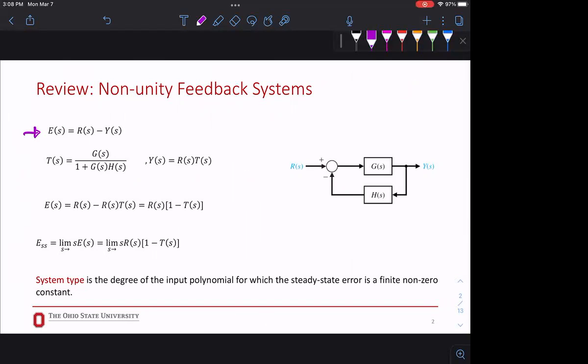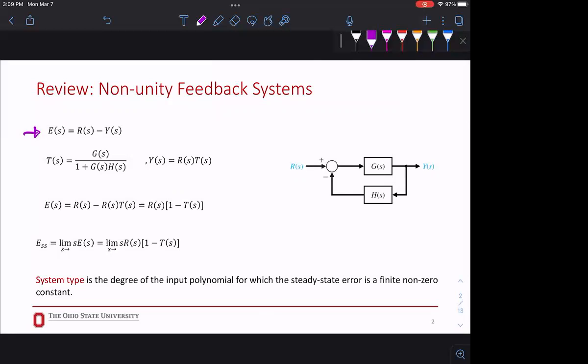And if we can find the relationship between input and output from the transfer function of our system, we can replace our output with the transfer function times input, and then find a relationship for our error. If you remember from last time, for a non-unity feedback system our error becomes R(s) times 1 minus T(s).